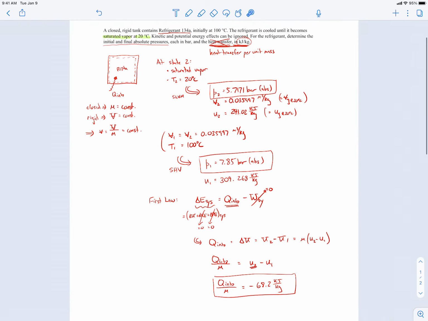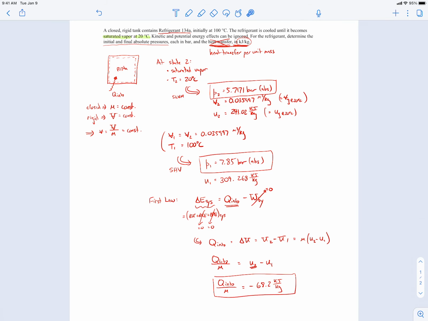Okay, so just to quickly recap this problem, in the initial part of the problem, we made use of the information we're given, specifically the saturated vapor at 20 degrees C, to find the final state, because we need two pieces of information to determine all the other properties. To find the properties at 1, we recognized that the specific volume remained constant during the process, so that information coupled with the given temperature, we could determine the properties at the initial state.